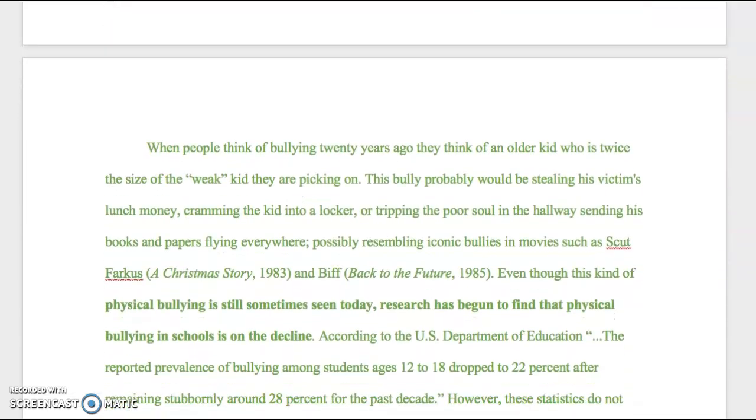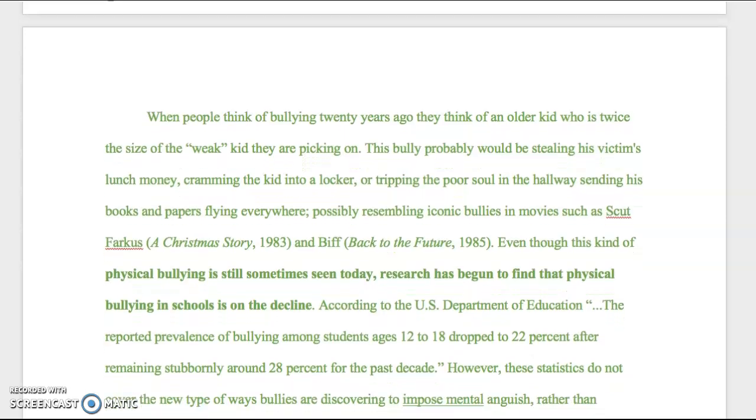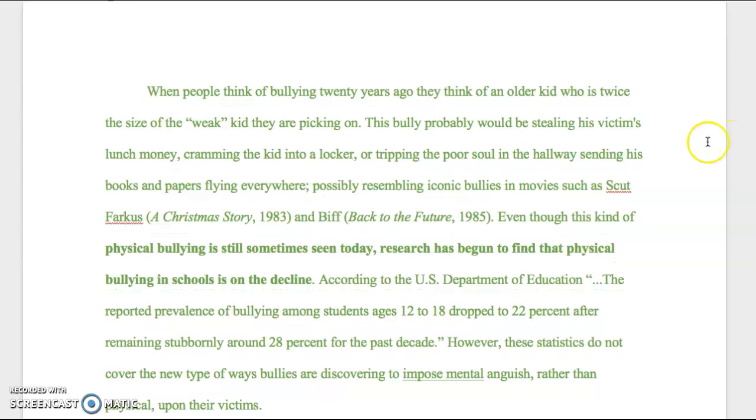And everything in yellow is devoted to yesterday's bullying, physical bullying. And they gave a specific definition of what bullying was like. It was the weak kids being picked on by the stronger kids. It was stealing lunch money. It was cramming actual people into lockers or tripping them.